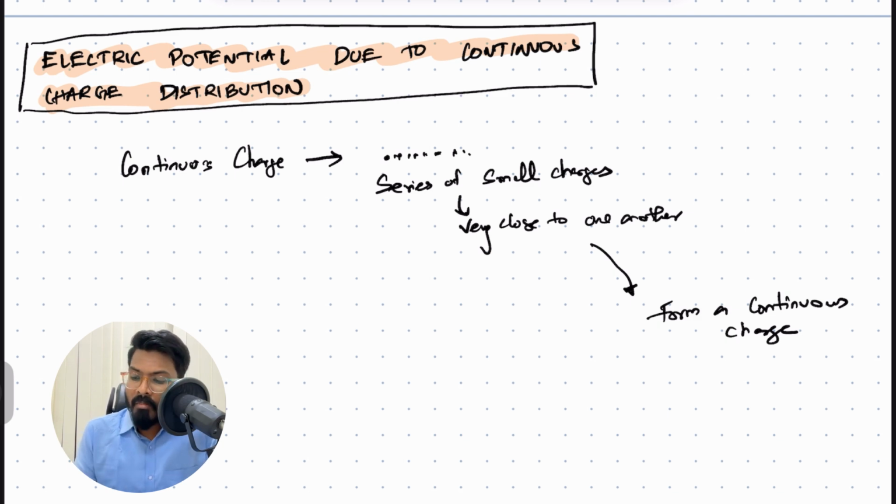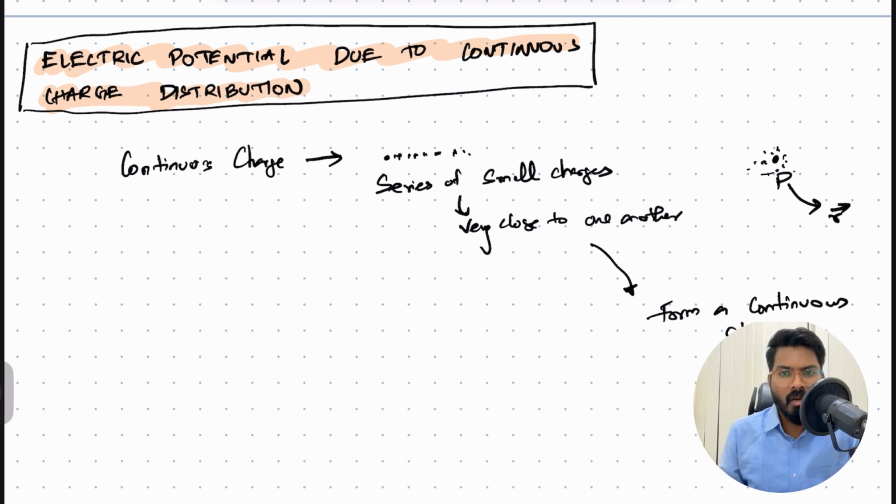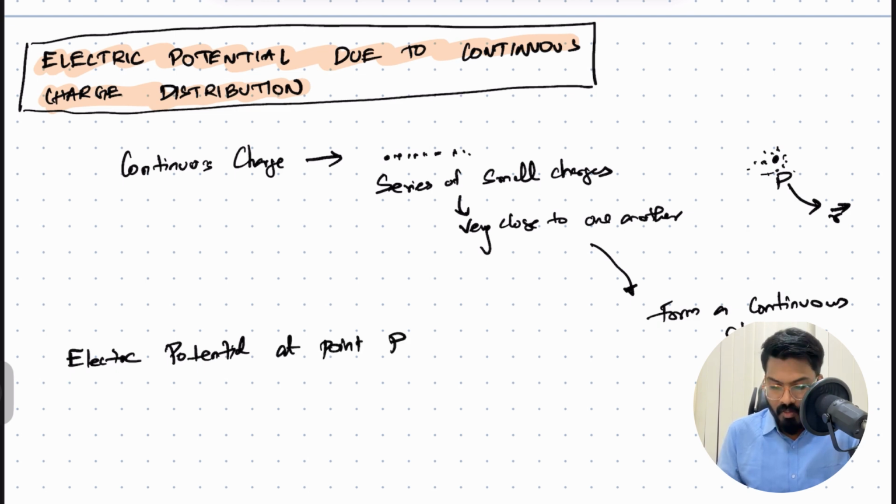Now, we are speaking about these charges. Let's say we are assuming a point P, and there are these continuous charges. This point P by itself has a position vector r, which is coming from the origin. Now, we know that electric potential at this point P is given by 1 by 4 pi epsilon naught summation.